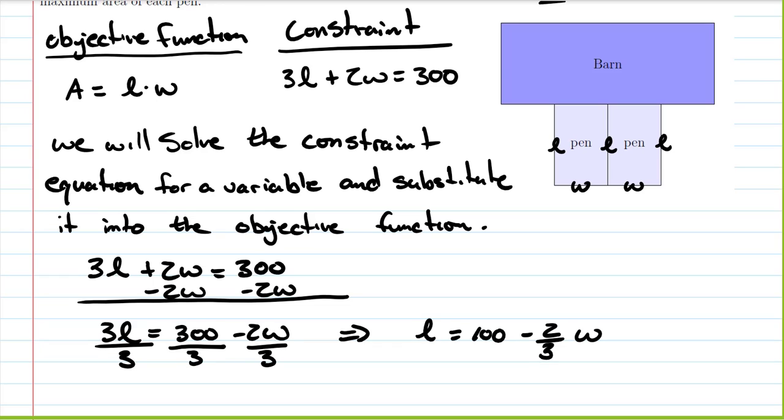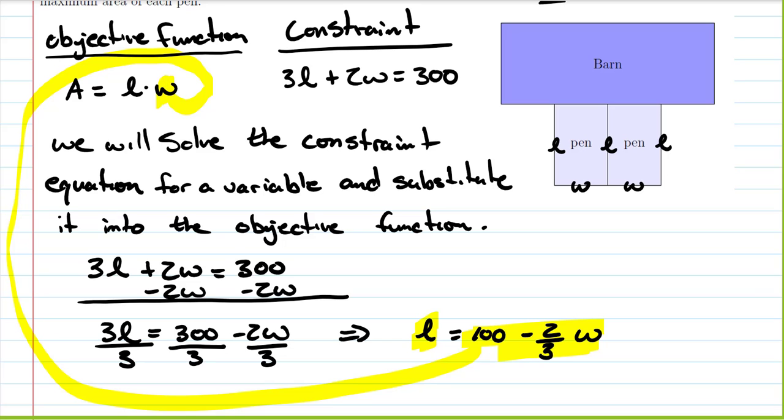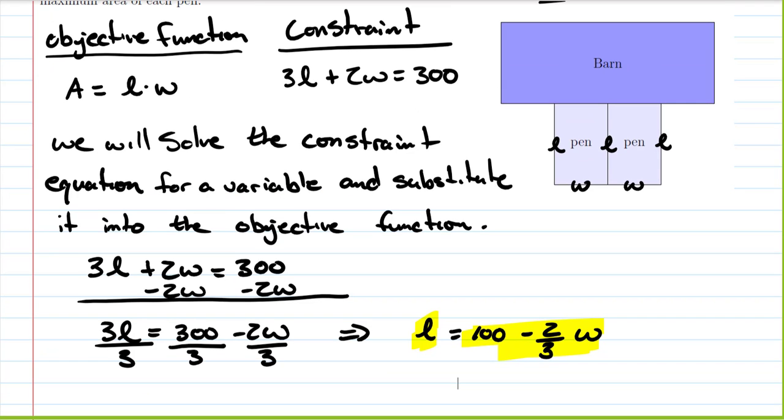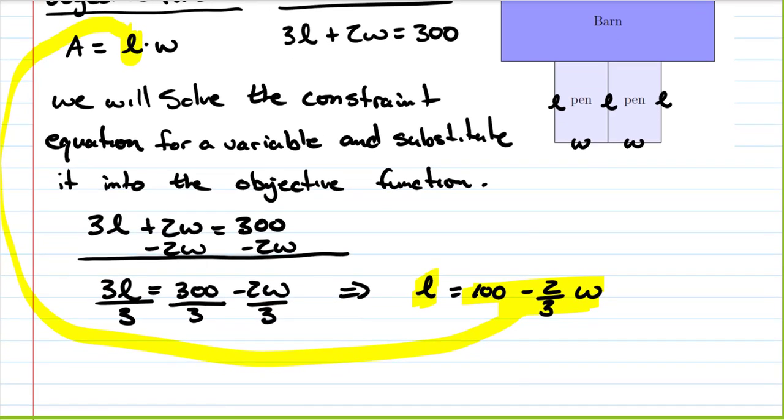So our goal then is, now we've solved the constraint equation for a variable, now we're going to substitute this back into the objective function. So we substitute it back into our objective function, and I highlight the wrong one. Thank goodness I'm a cheater, and I can just erase. Back in for L. There we go. So we're going to substitute what L is back into our original objective function.